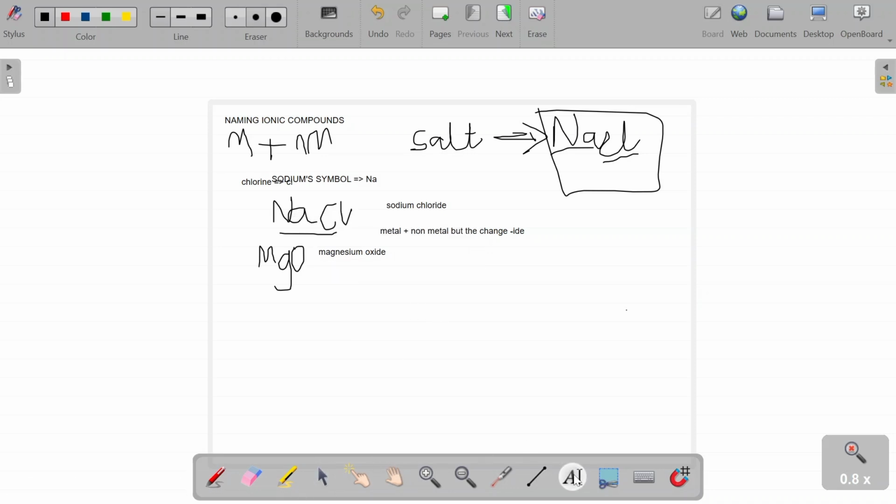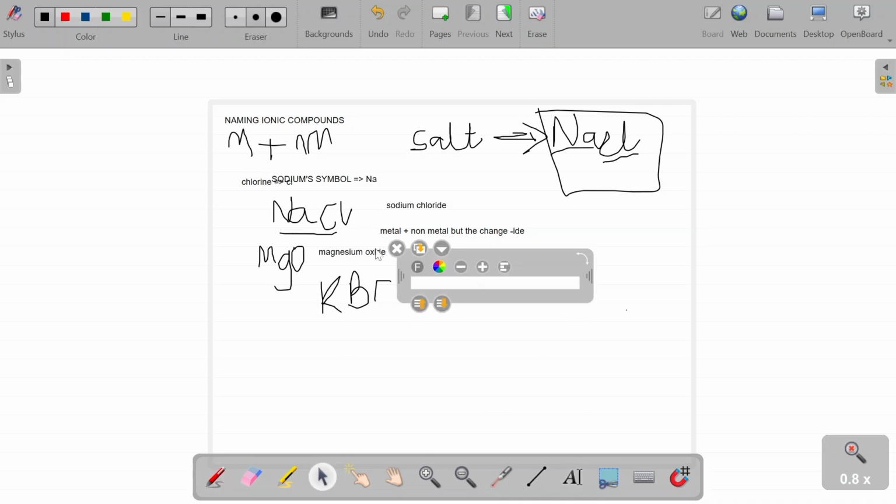Now the last one, KBr. How do we name this? Remember, follow the format: metal plus non-metal, but change the non-metal to end in IDE. K is the symbol to represent the element called potassium.